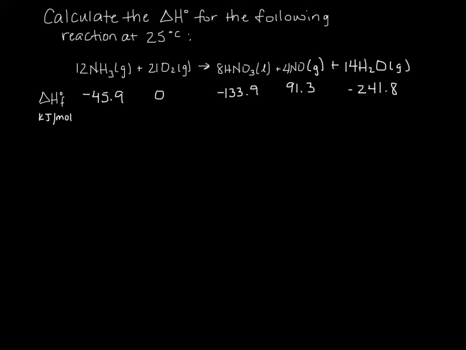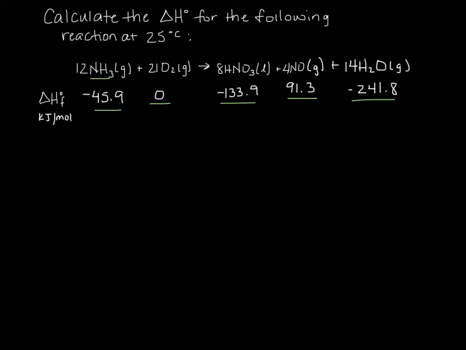So each of these numbers is going to tell me how many kilojoules is required to form 1 mole of the substance. So for example, when we form 1 mole of NH3, it's actually going to release 45.9 kilojoules.